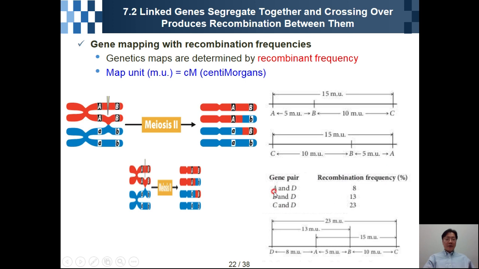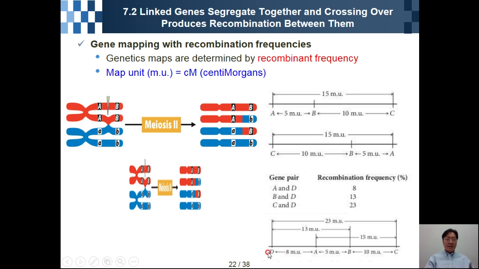For example, for the gene pair A and D, the recombination frequency is 8%, B and D is 13%, and C and D is 23%. Based on these frequencies, we have to construct the genetic map. For example, we start from the highest frequency, 23%.